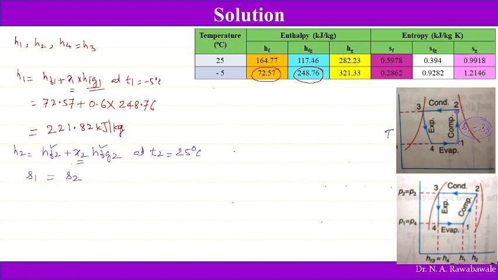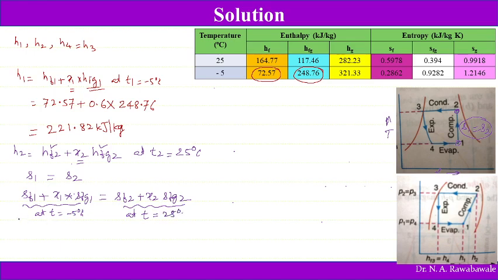Looking at the TS diagram, the process 1 to 2 is isentropic. Therefore, S1 can be written as SF1 plus X1 into SFG1, which is equal to SF2 plus X2 SFG2. The first data is taken at temperature T equal to minus 5 degrees Celsius, and this data is taken at temperature T equal to 25 degrees Celsius.